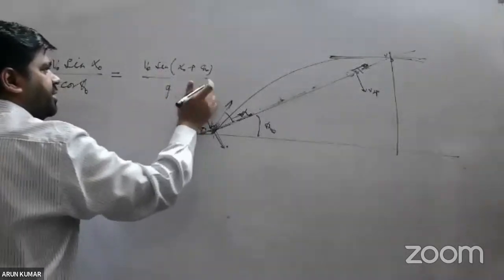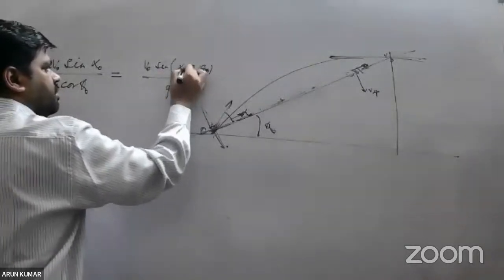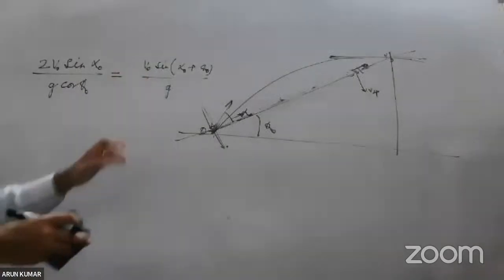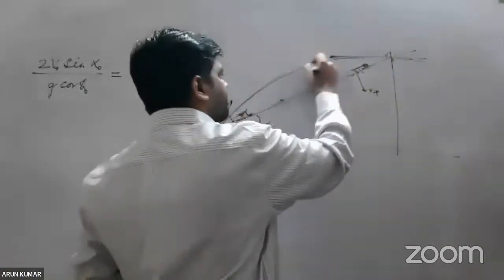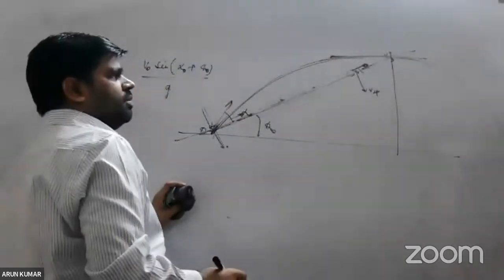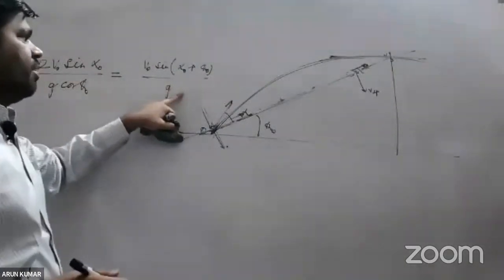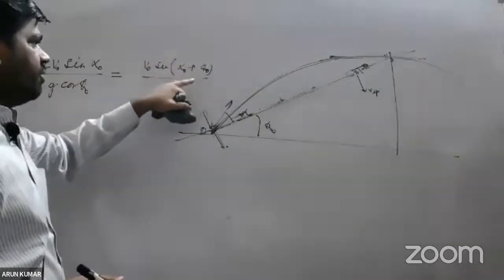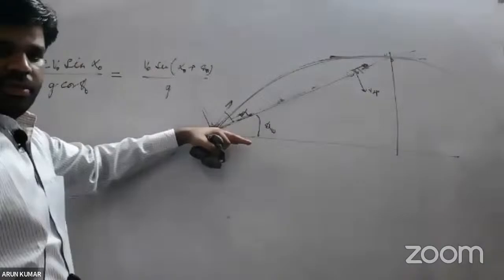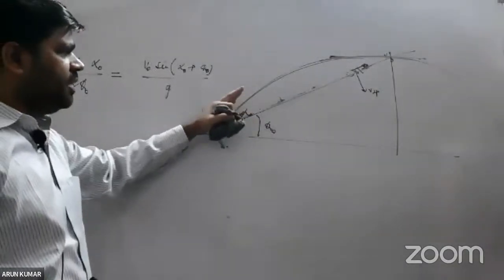Understand this equation. Why did I write this equation? What does it mean? What is this time, students? It is the time taken by the particle to reach the maximum height in an oblique projectile on a horizontal ground, the time of ascent. V naught sine of the angle. What is the angle with the horizontal plane? Alpha naught plus theta naught. Alpha naught is with the incline.